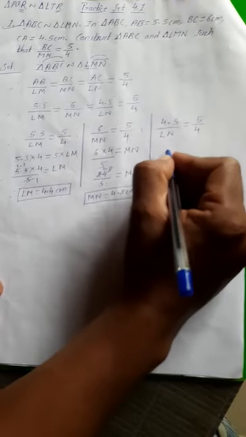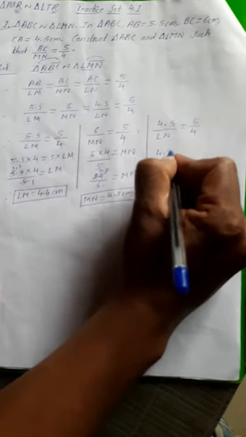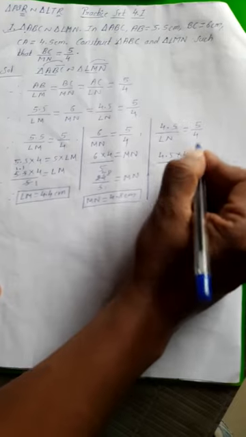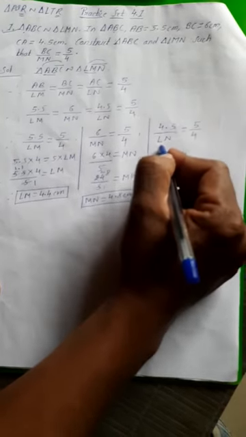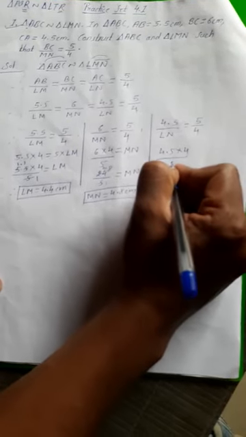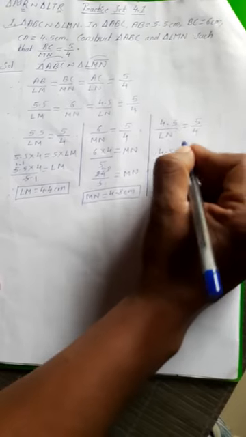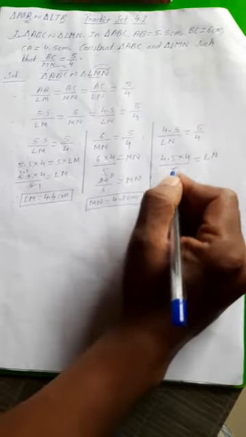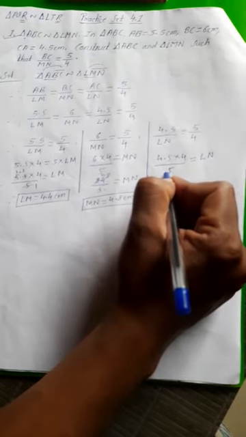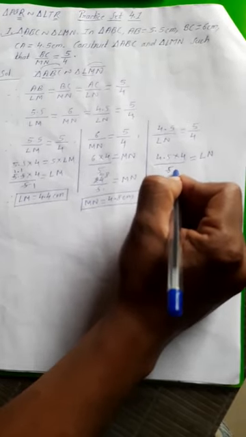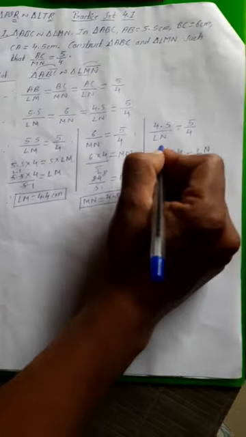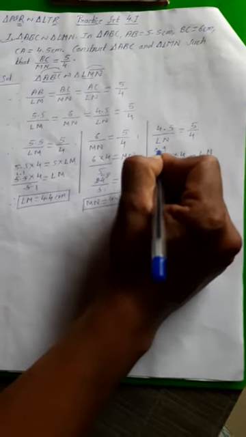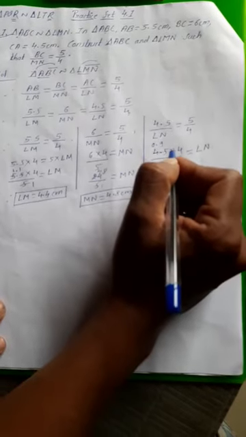Now next one, 4.5 into 4 upon 5. The 5 will come to the denominator and LN will go to the RHS side. 5 ones are 5 and 5 nines are 45, so we get 0.9.